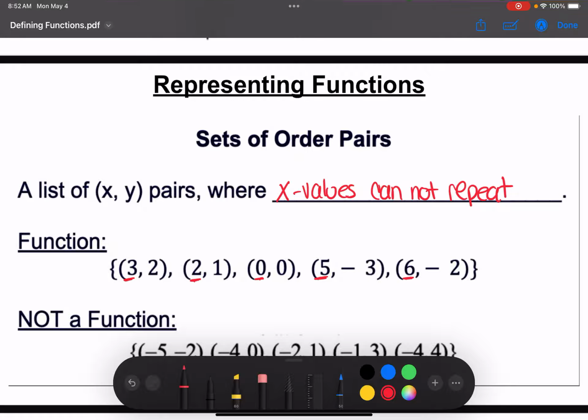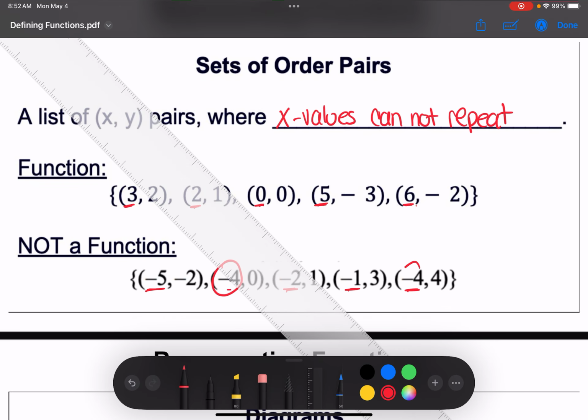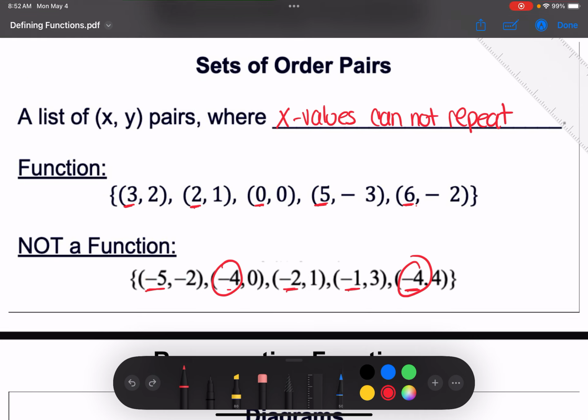We have 3, 2, 0, 5, and 6. They don't repeat. But if we look at this bottom list of ordered pairs, we have -5, -4, -2, -1, and -4 again. Since -4 and -4 repeat, that means it is not a function.